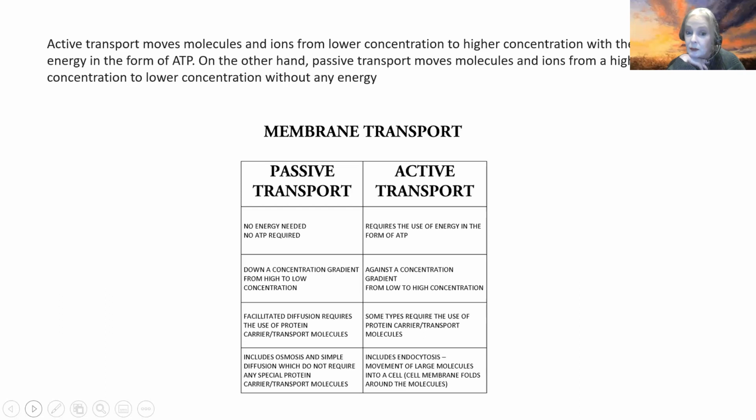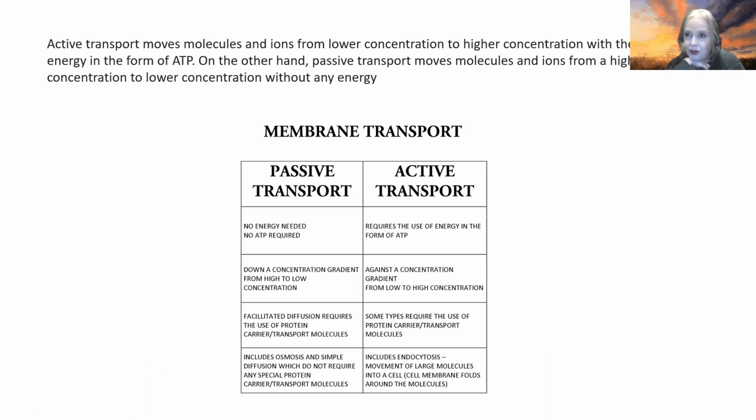Depending, we could be using protein carriers or transport molecules in passive transport, but we definitely have to use them in active. And these are examples as well. So osmosis is passive. Simple diffusion is passive. Endocytosis, moving large molecules into a cell, that would be active.